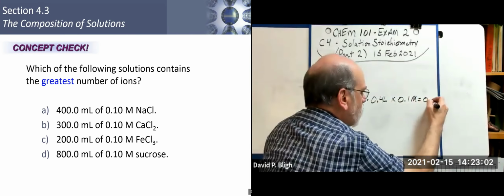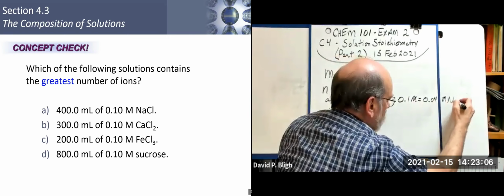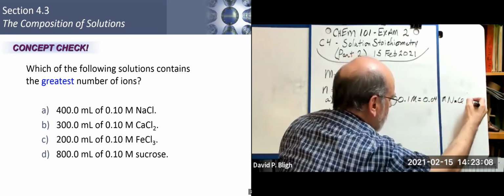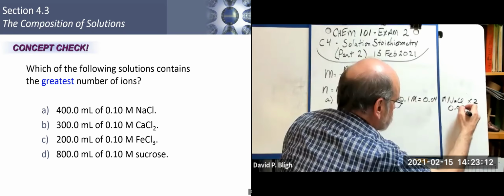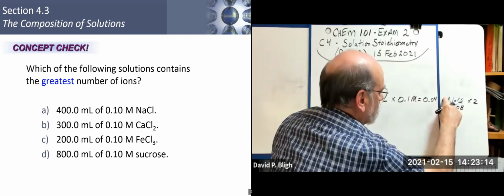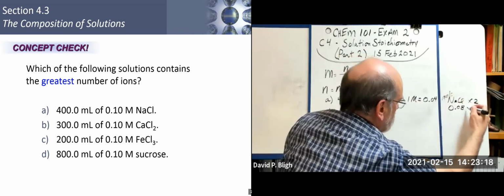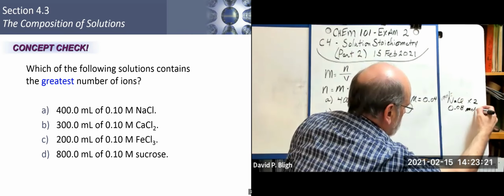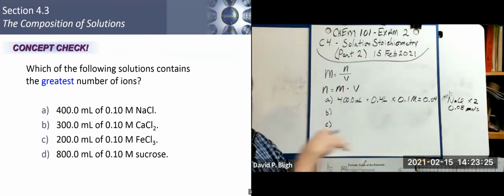So that's 0.04 moles of sodium chloride, times 2 is 0.08. Not molar, moles, of ions. And just do the same thing for each one.